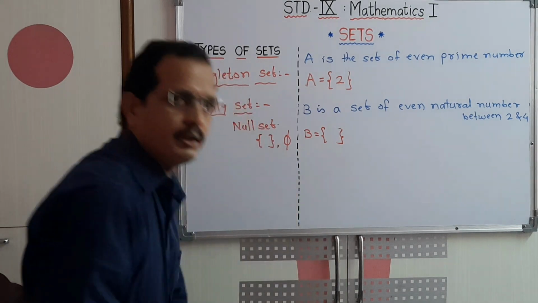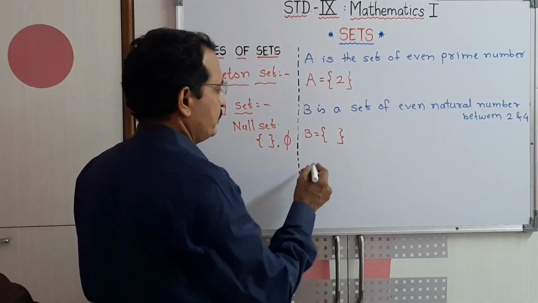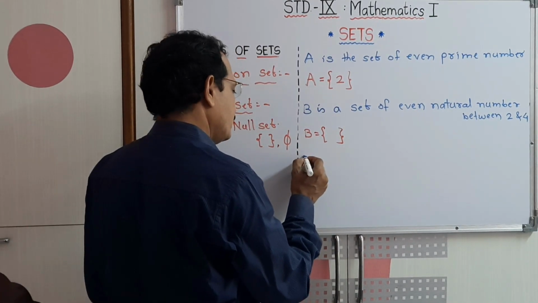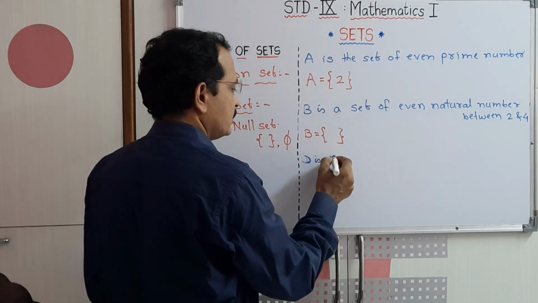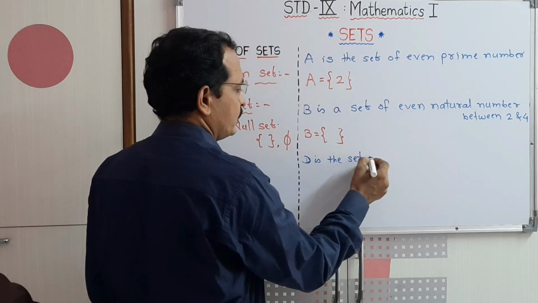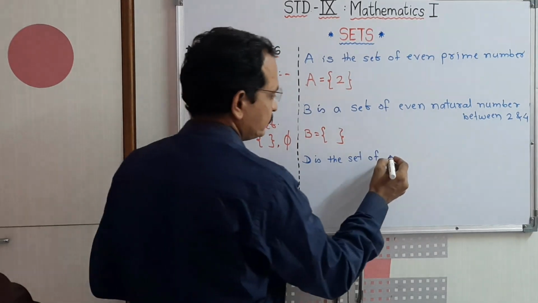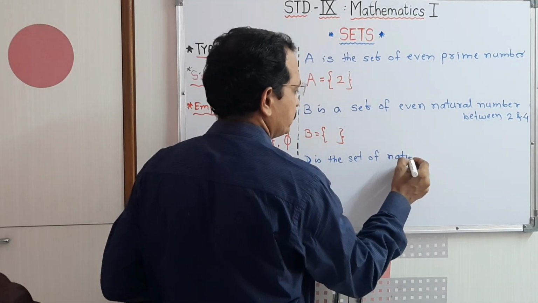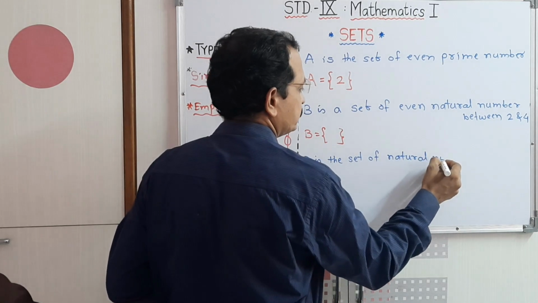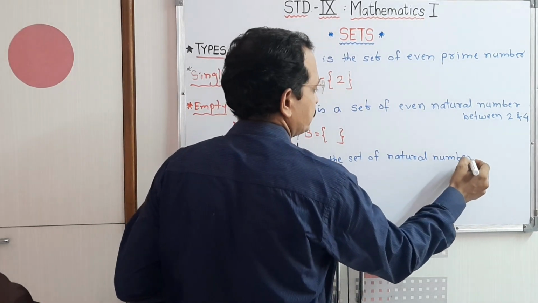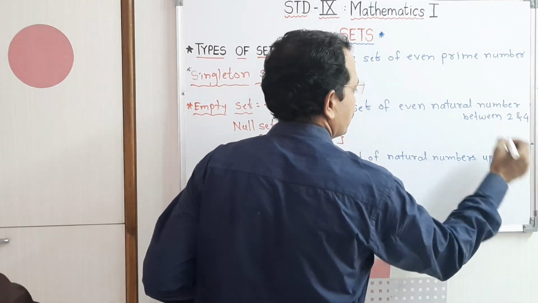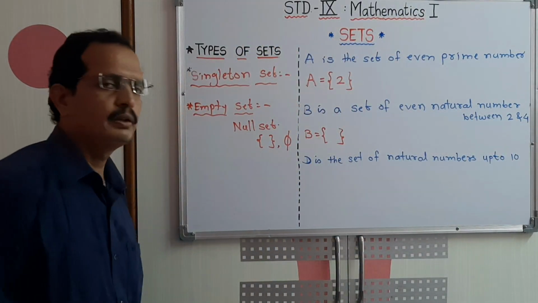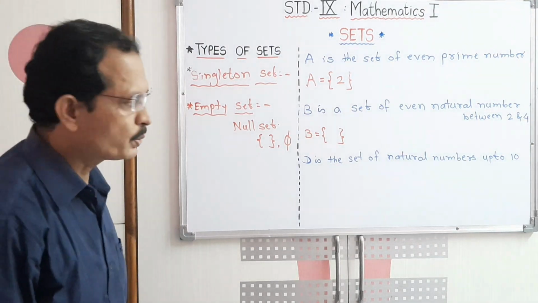Now let's see another type. Suppose I write here D is a set. D is the set of natural numbers up to 10.